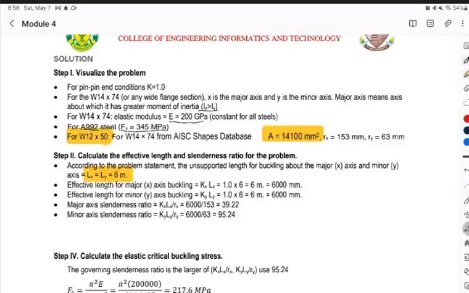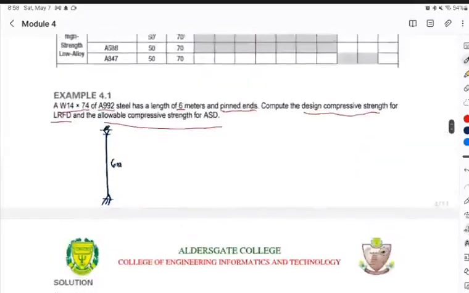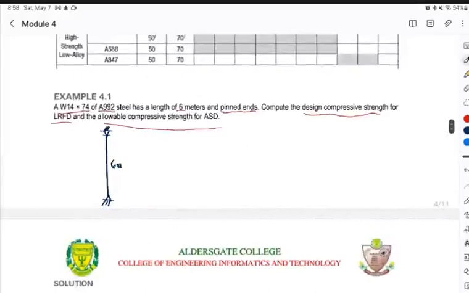Sometimes, class, because along the y axis, yun yung weak axis natin, sometimes, ilalagyan nila ng stiffener somewhere along the length, along the minor axis. Sa major axis, hindi na nilalagyan ng stiffener. Okay.